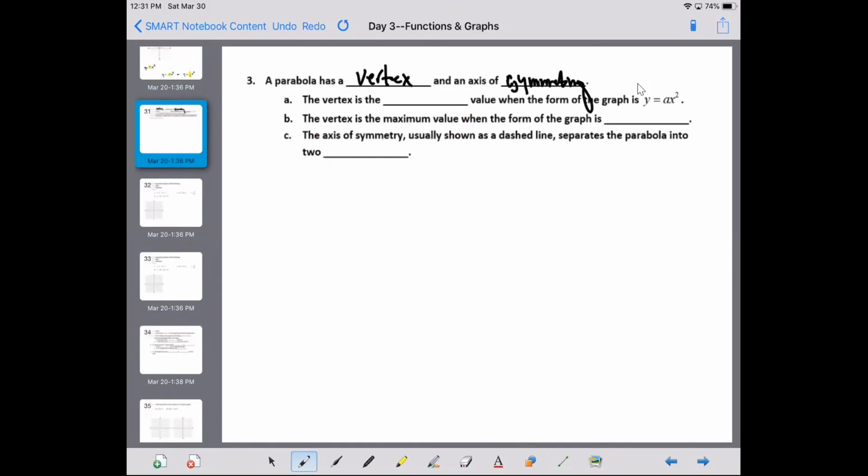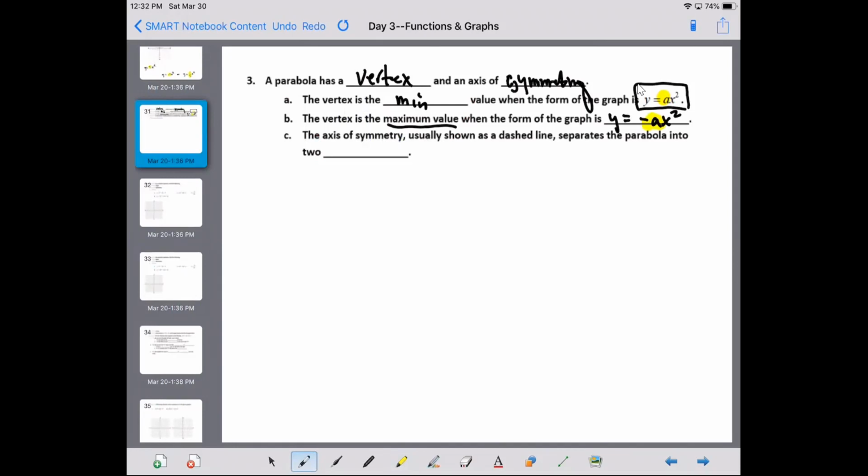So the vertex is the minimum value when a is positive. And it's the maximum value when the graph is in this form, negative ax squared. So notice what happens when a is positive and when a is negative. And the axis of symmetry is a dashed line.